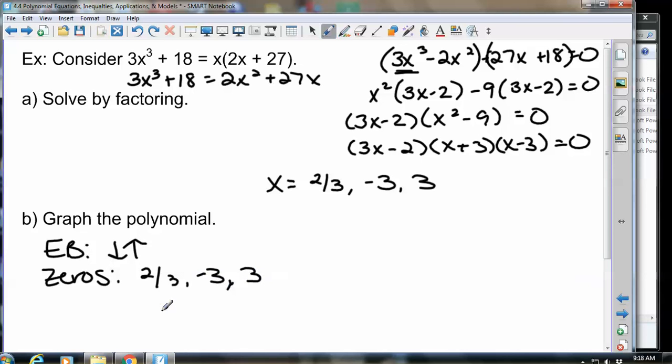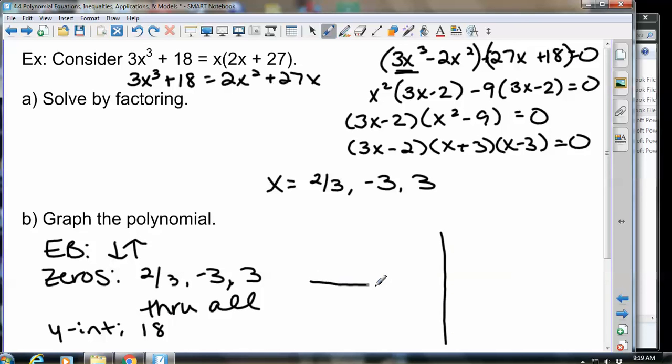All of those have a multiplicity of 1, so our graph will go through all. Y-intercept, if you plug in a 0 for all of your x's here, what do we get out? 18. It would be 0 minus 0 minus 0 plus 18. End behavior, down, up.